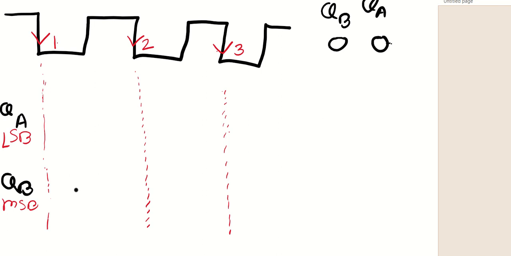So make it as 0 first. Now, at this clock pulse, as I have said, your QA will get toggled from 0 to 1 and it will remain the same till the next negative clock pulse.